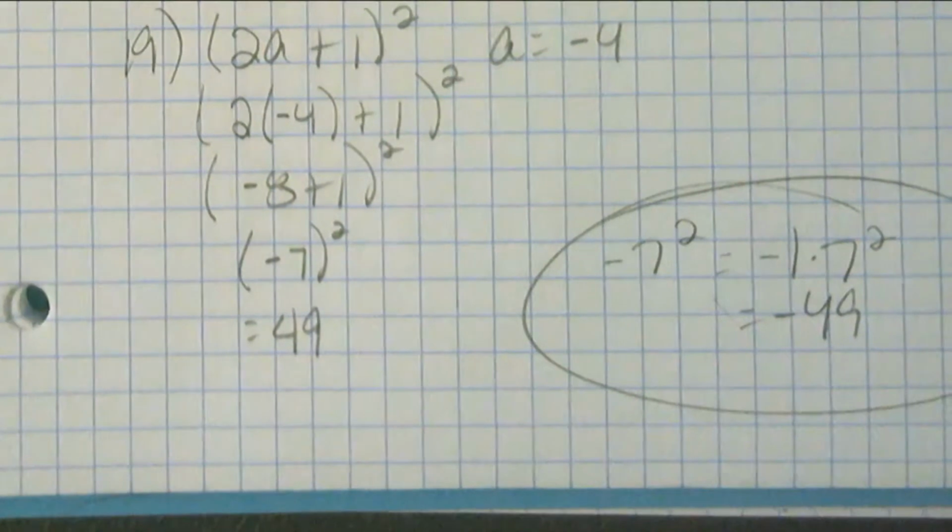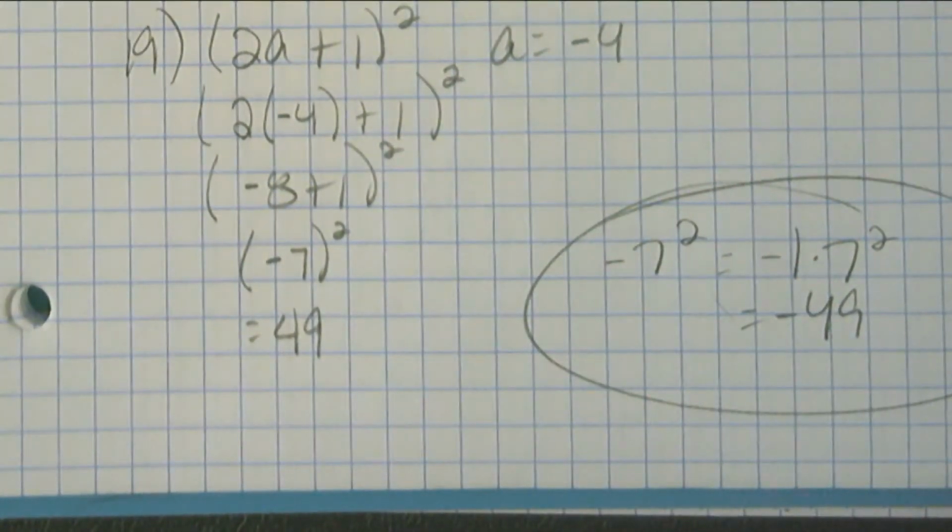I need you to remember that. When you have a negative base, the parentheses mean something. I guarantee you're going to have that on your test tomorrow, whether to have something in parentheses or not.